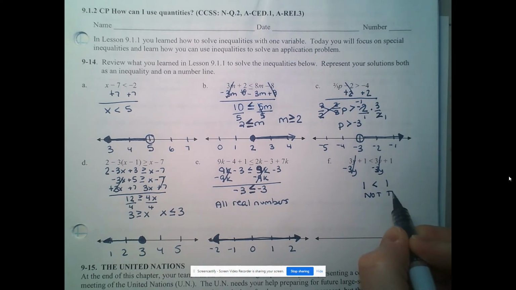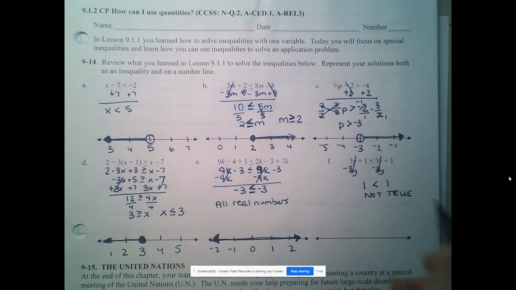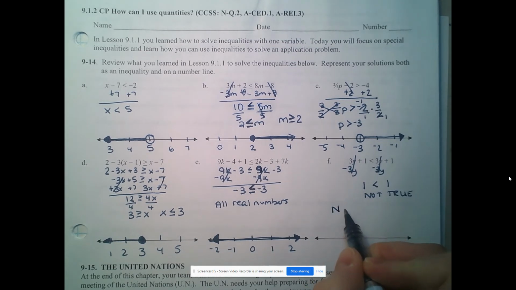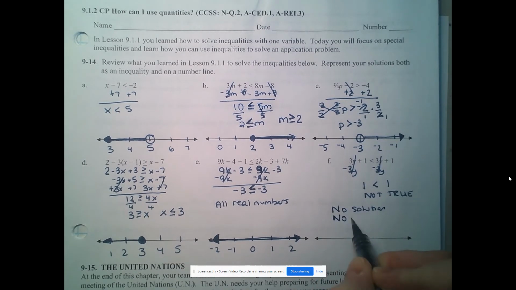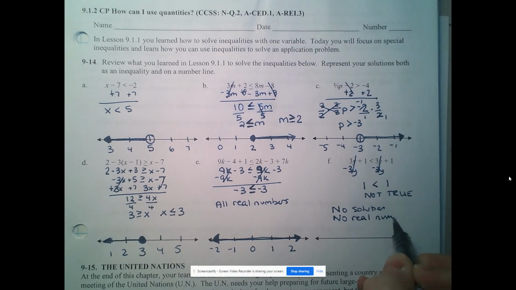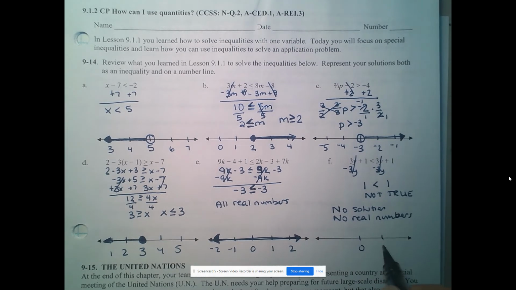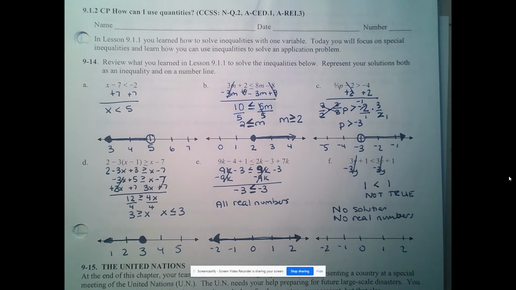When you get to a point where there's no variables left and it is not true, then you would say that there is either no solution or that the solution is no real numbers. And then in order to graph that, all you do is put the numbers on the number line, but you don't put any circles, arrows, rays, or segments. It would just be an empty number line.